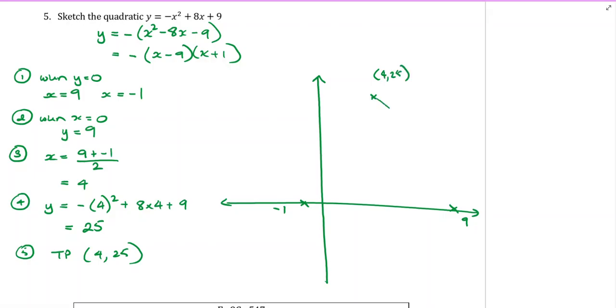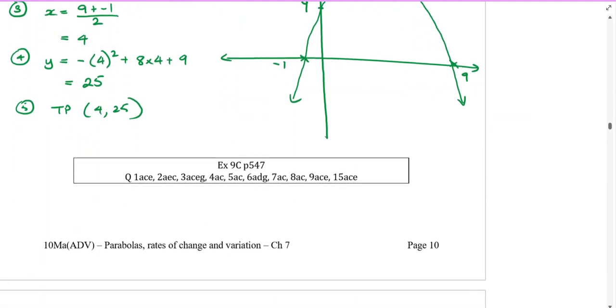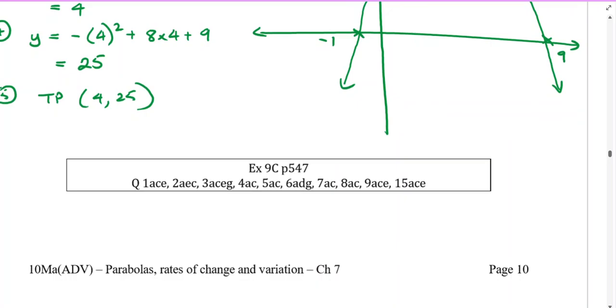And this, probably unsurprisingly, is a concave down parabola, and we know that from the minus that was in front of the x squared. The y-intercept through here is at y equals 9. Okay, so everything is labelled. Our sketch is complete. All right, that's it for our theory section. Time for you to do exercise 9C.